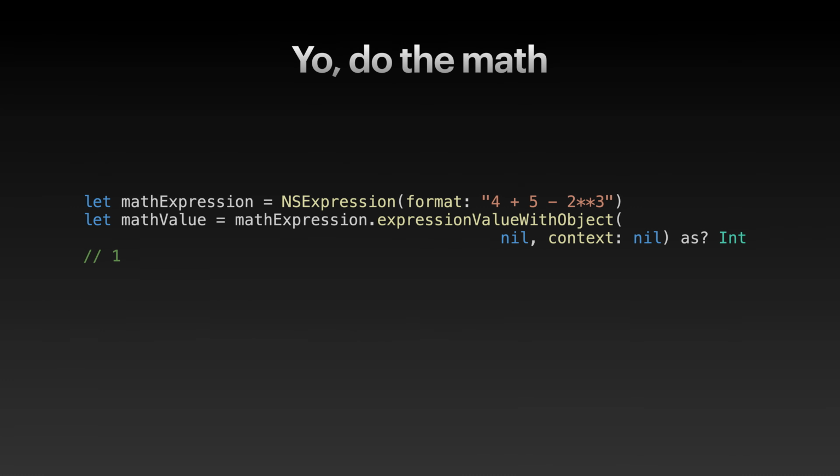For example, we can do mathematical calculation with these two lines of code. We take the format string to build an NSExpression instance, then we use the expressionValueWithObject:context: method to actually execute it.